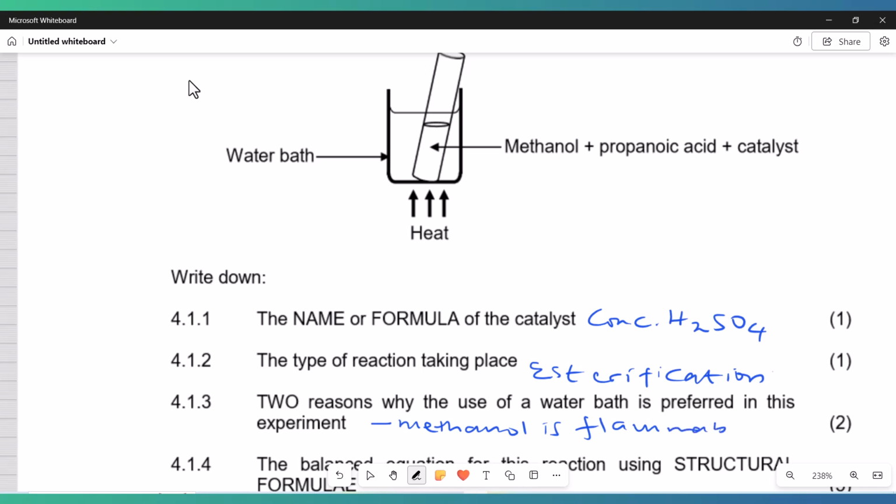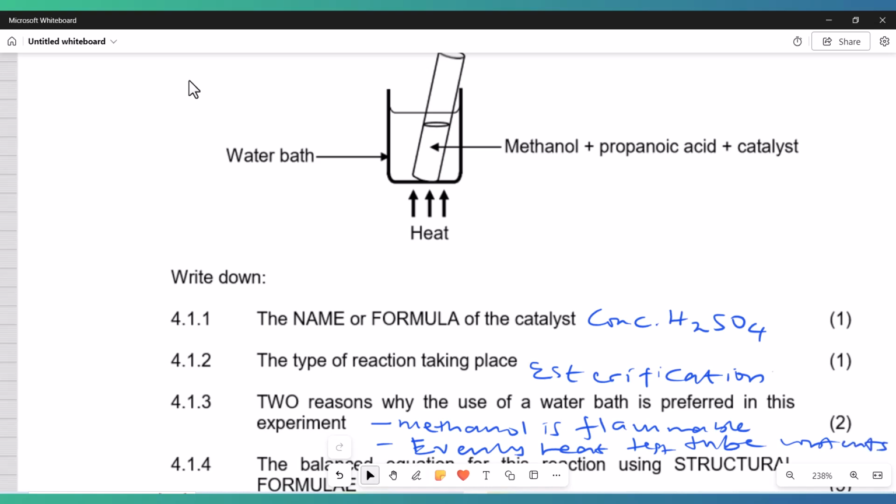Apart from this, the water bath helps us to heat the contents evenly, so that we can evenly heat the test tube contents.